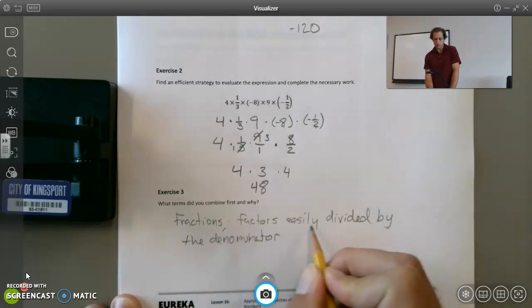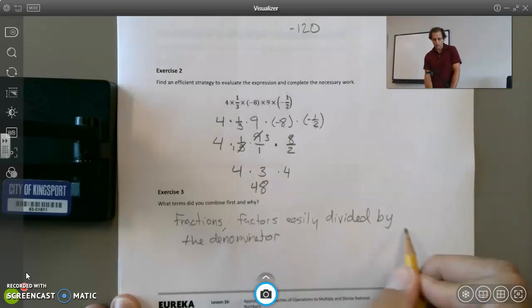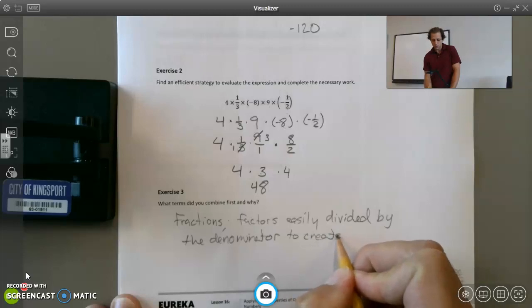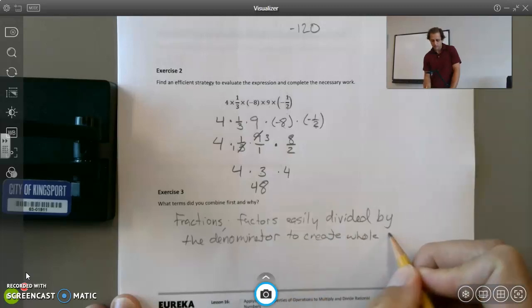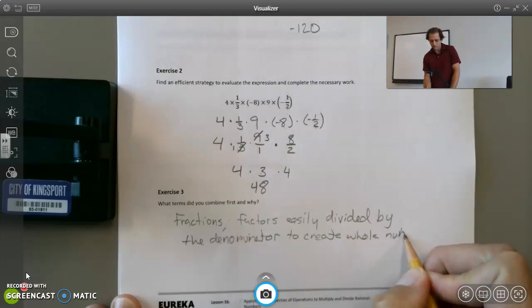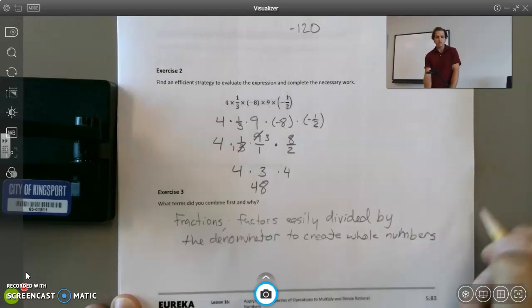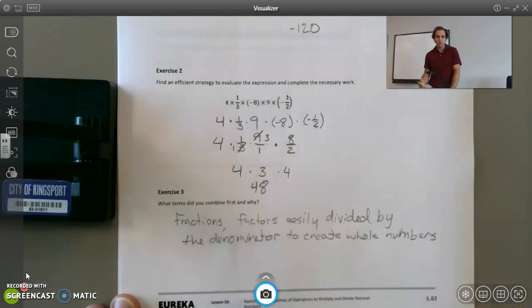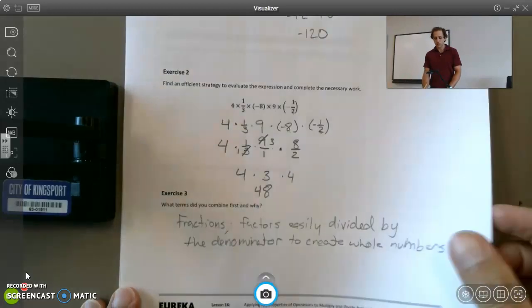And maybe I should be more specific, not just easily, but easily divided by the denominator to create whole numbers. We were able to take fractions out of this problem completely by multiplying 9 times 1/3 and it becoming 3. We were able to just completely get rid of the fractions.